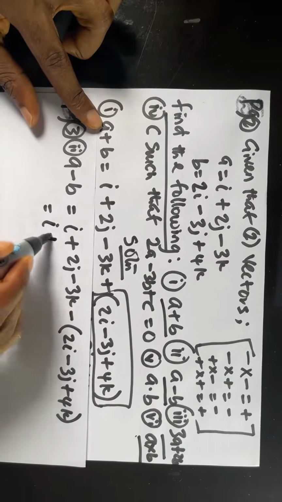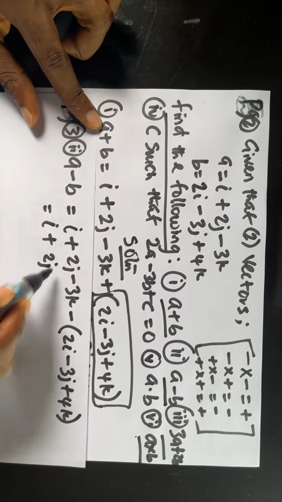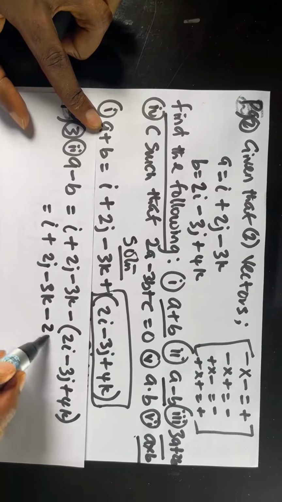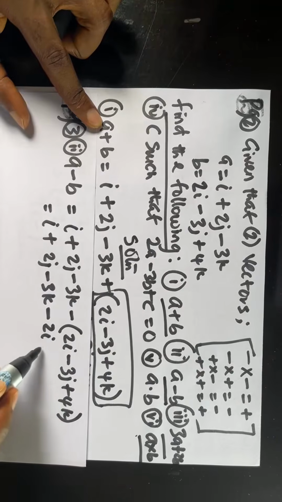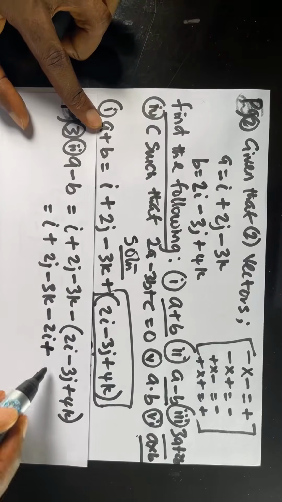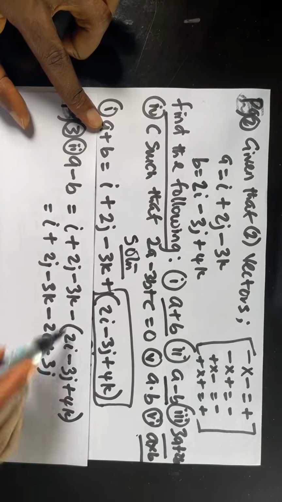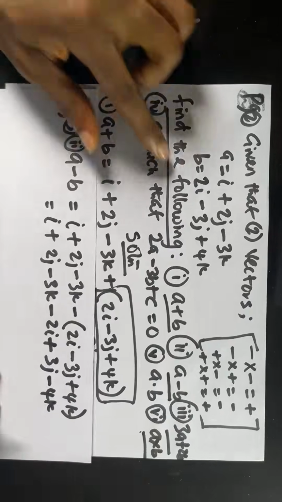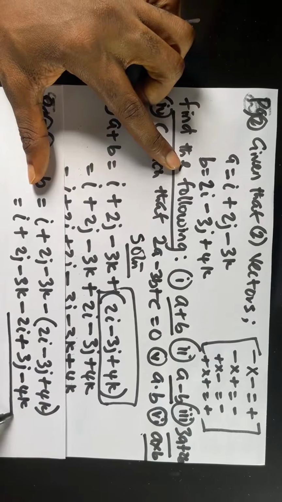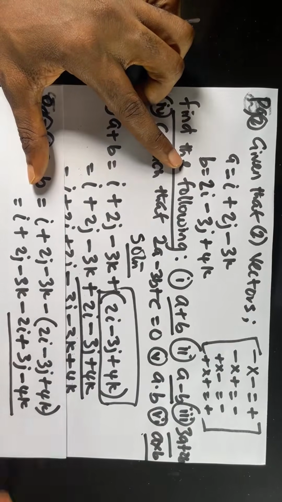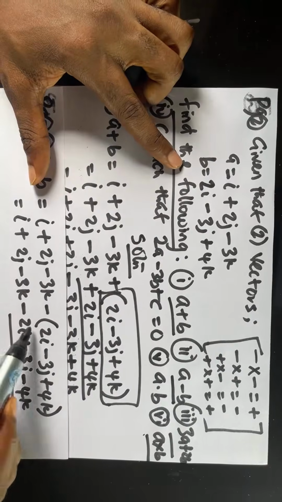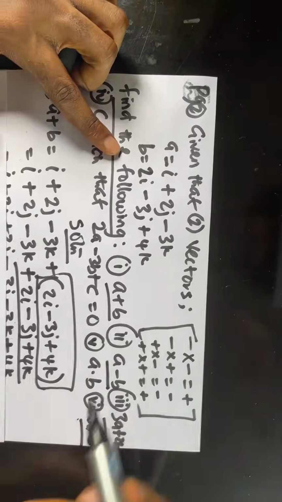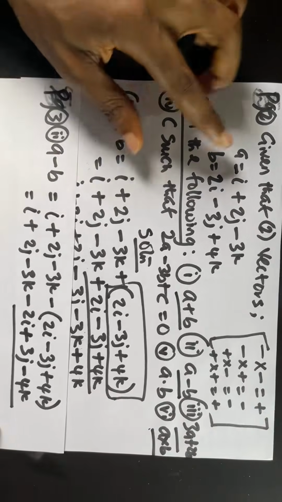So my I plus 2J minus 3K, minus times plus here will give us minus 2I, minus times minus here will give us plus 3J, minus times plus here will give us minus 4K. You can see the difference between this and the previous one. There's a big difference. The minus outside is affecting everything inside. That's why we have something like this to help us understand what we are doing here. Now, what's the next step?